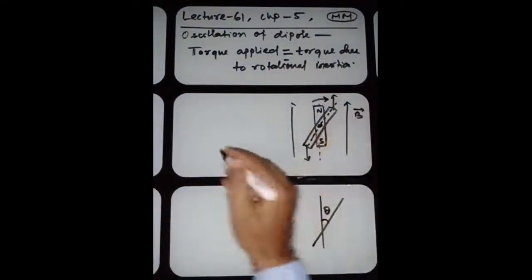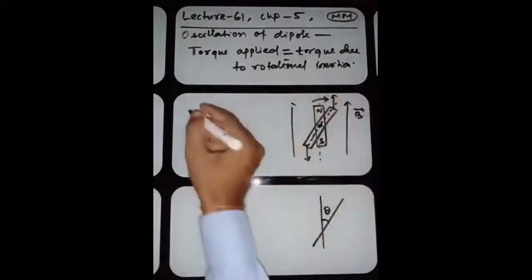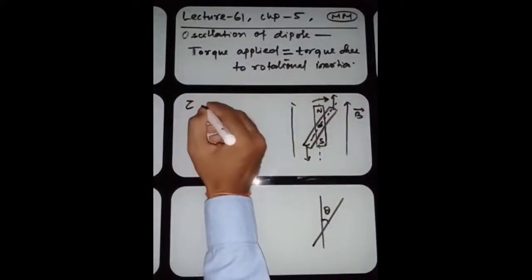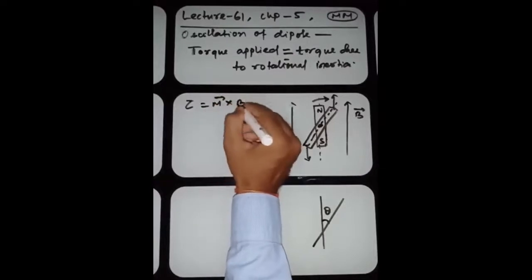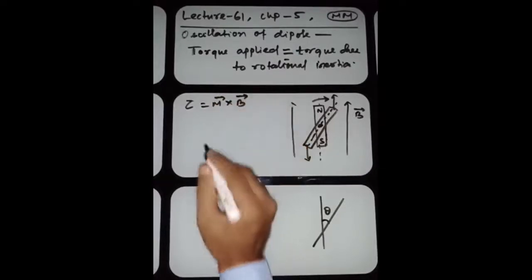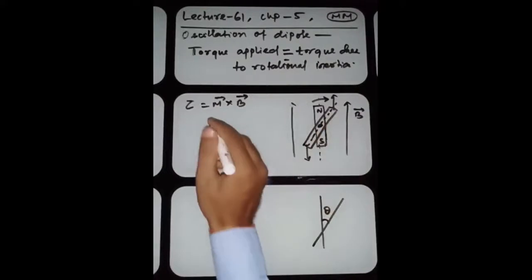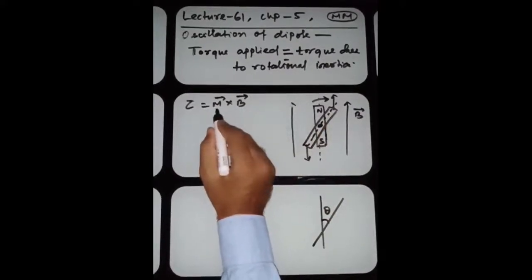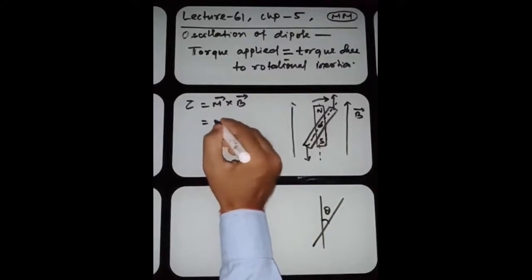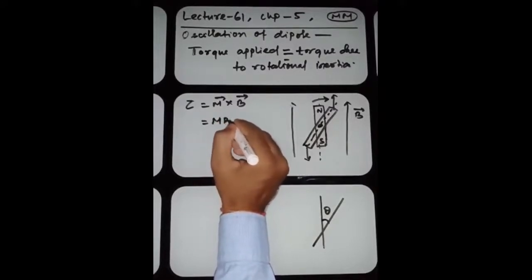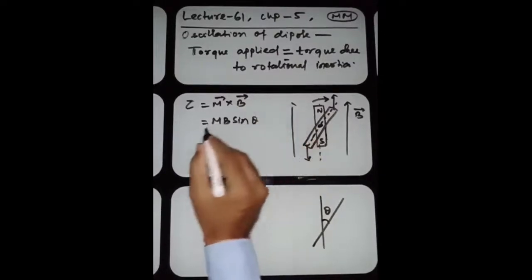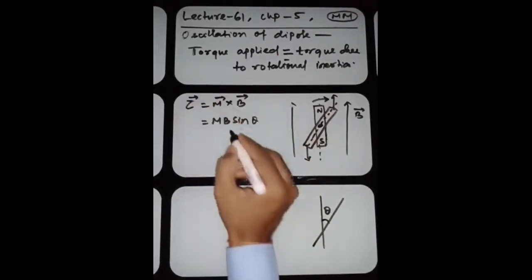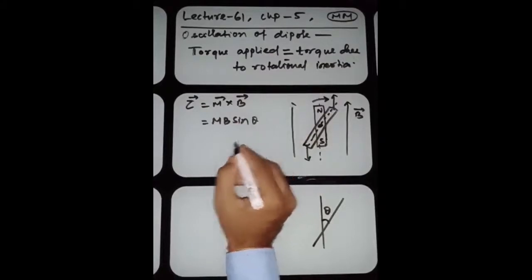We can write the torque applied, tau, as m cross B, because against the field we have to apply the force. M is the magnetic moment. We are writing the magnitude only: mB sine theta.